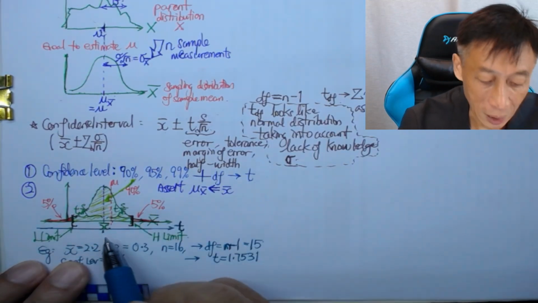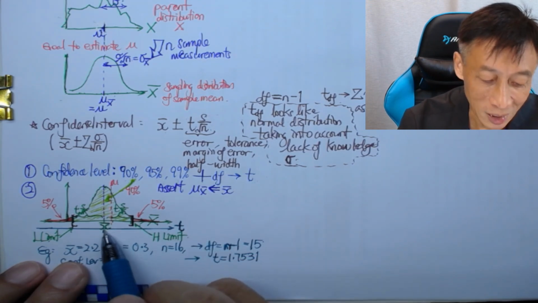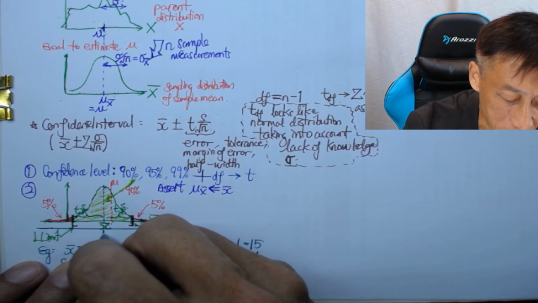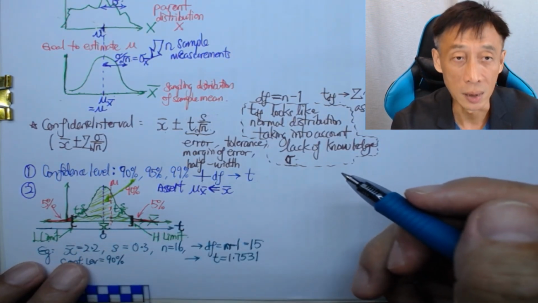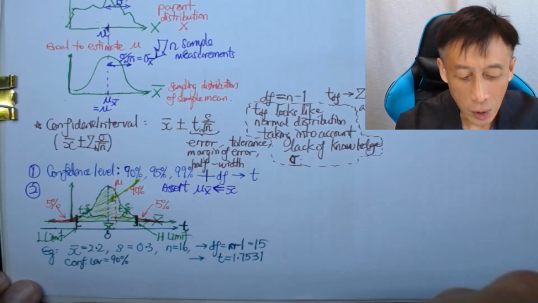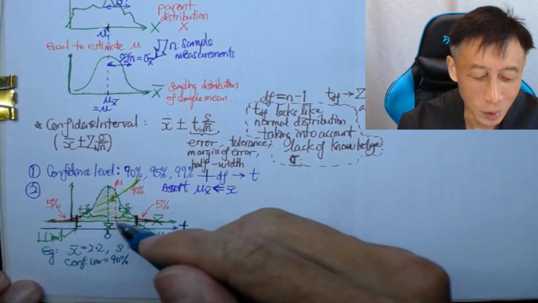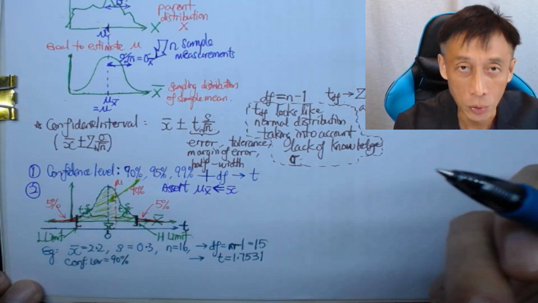And because we are asserting mu x bar to be x bar, the x bar is going to be mapped to the 0 t value. This is the so-called 0 standardized t value. We could map t to the x value, so it's like t is centered on the x bar value also.